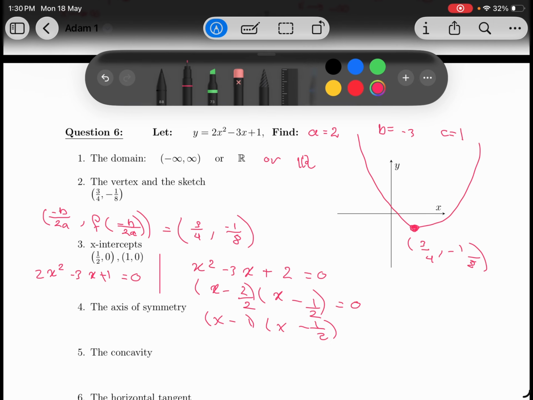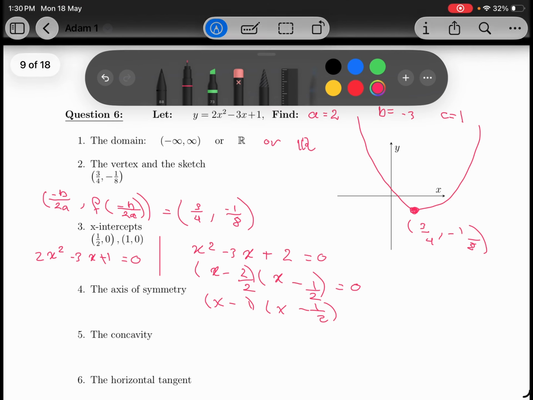You can go to that video of factorization and go to the part about how to factor when the leading coefficient is not 1, by what we call normalizing. Then we have 2 x-intercepts, so x equals 1 or x equals 1 over 2. And we have them here, look, 1 over 2 and 0, 1 and 0. But I will clear this just to make things neat and organized, okay?